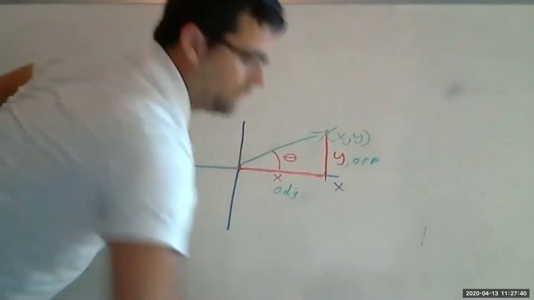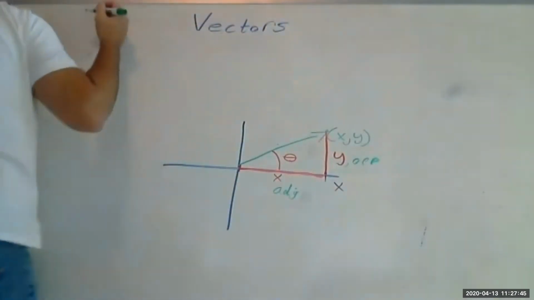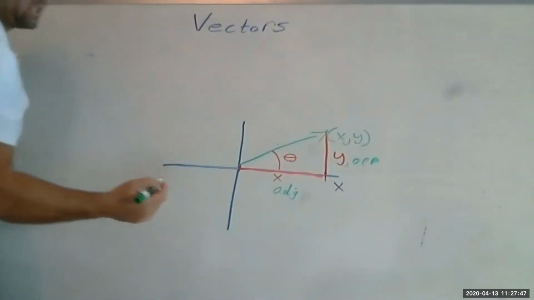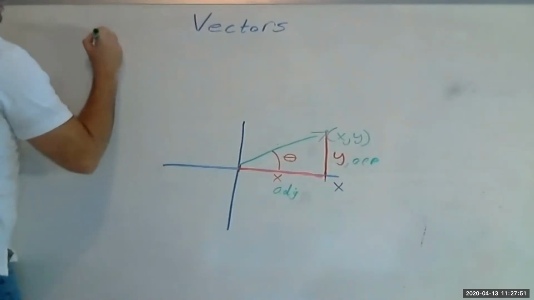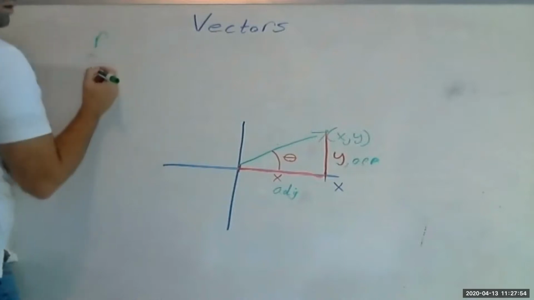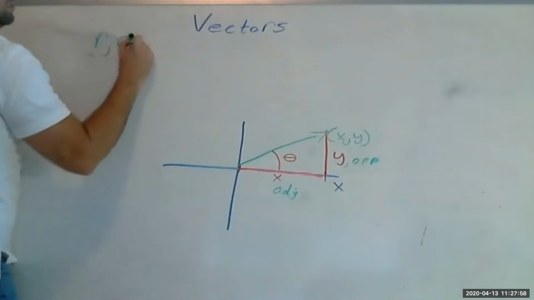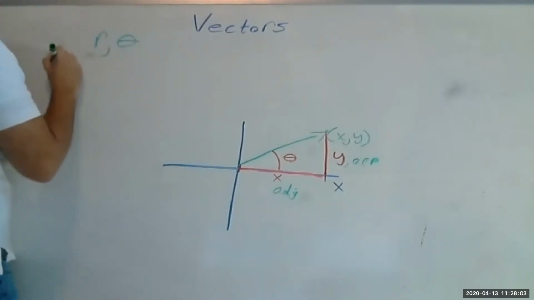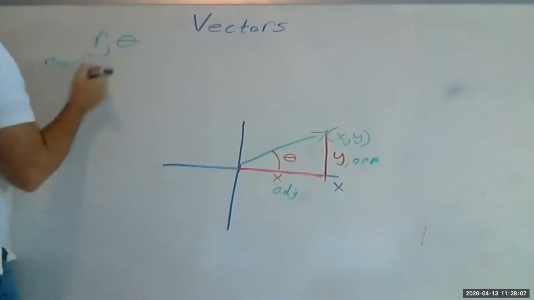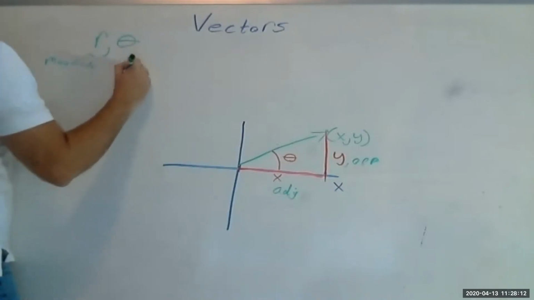We have one camp. You could define a vector by its length, which we're going to call r for a second, and theta. So this is magnitude and direction.